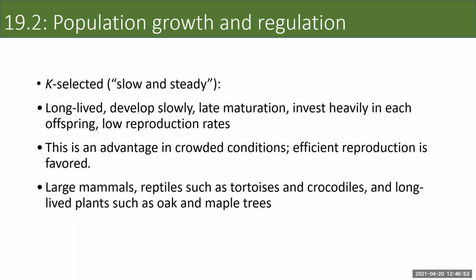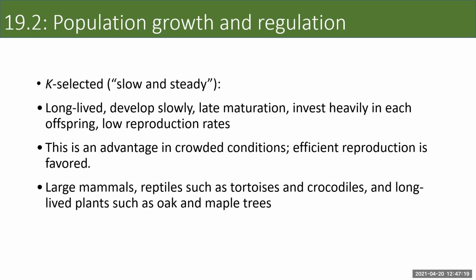Now, K-selected is the complete opposite. So K-selected is basically this slow and steady lifestyle where the species are long-lived, they develop relatively slowly, they have later maturation rates. They invest a lot of parental care in their offspring, and they have low reproductive rates. So they may only have 1 to 2 offspring over their lifespan.